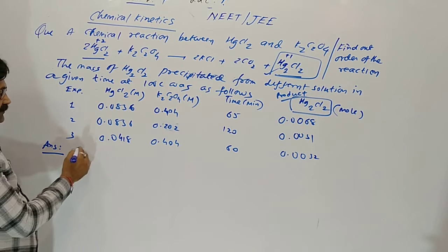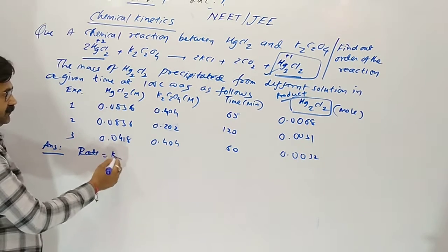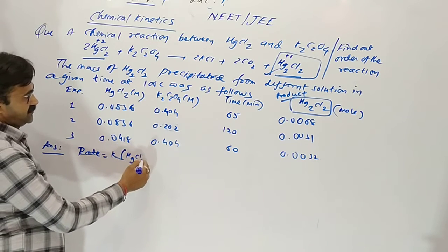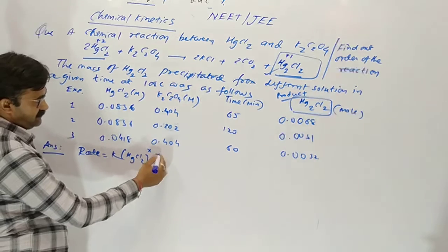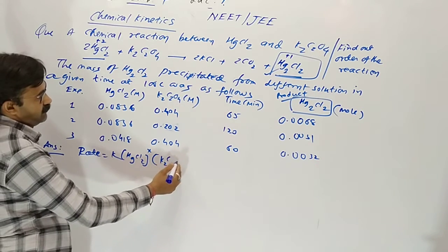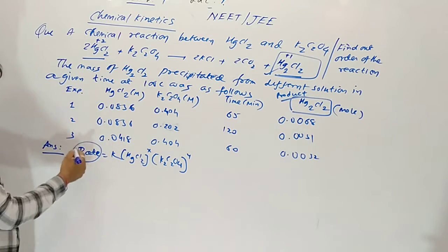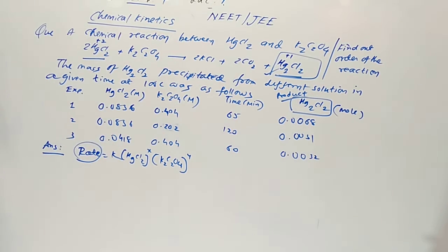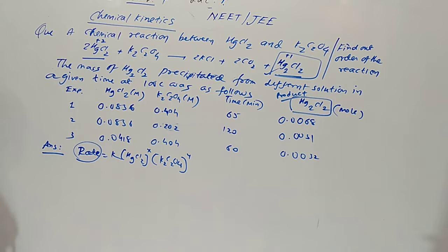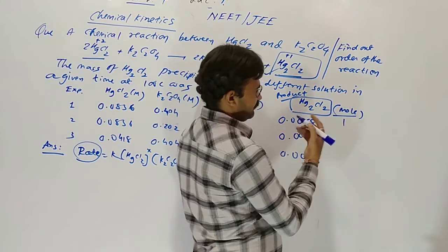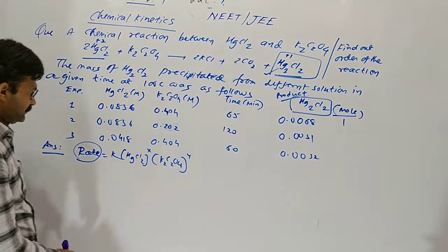Rate is equal to, assume rate law, K HgCl2 raised to x, potassium oxalate raised to y. Here is rate. Rate means mole per time, otherwise molarity. Here liter is not given, so mole should be divided by 1. It gives molarity.